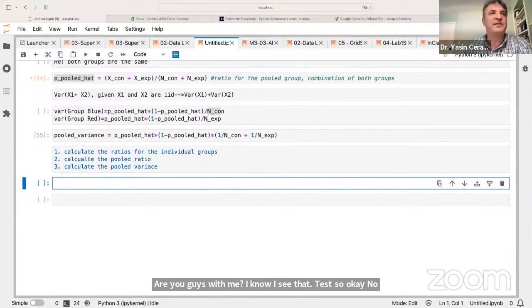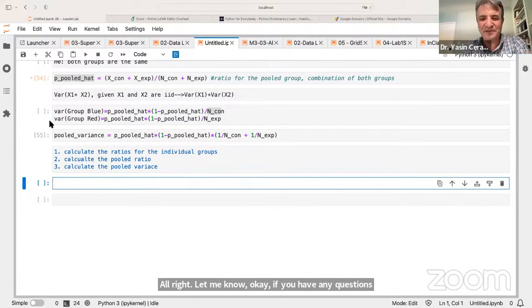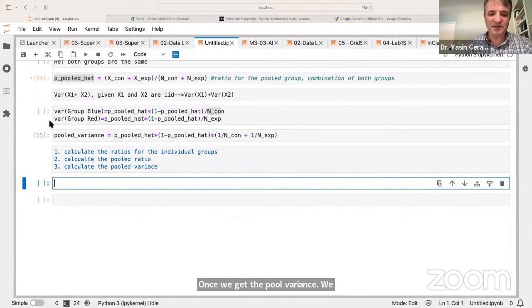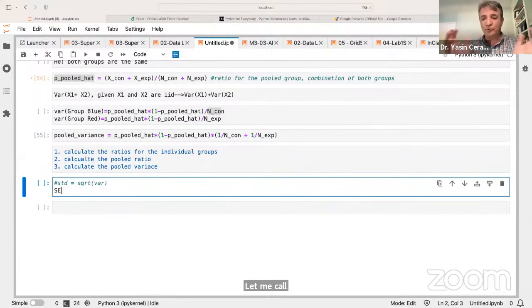All right. Let me know if you have any questions about this point, because we are very close to getting the test statistic now. Once we get the pooled variance, we know that STD is the square root of variance, right? So once we get the pooled variance, I'm going to get the standard deviation. Let me call this SE. That is the standard deviation of the pooled group.